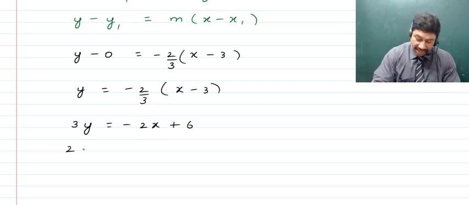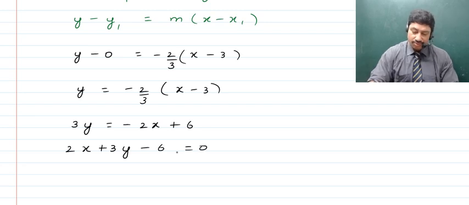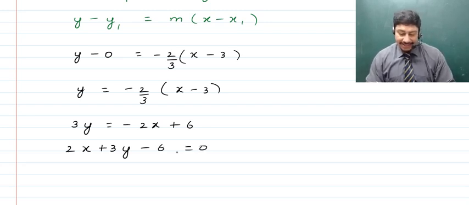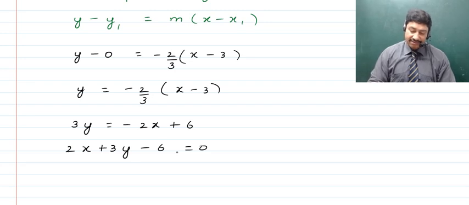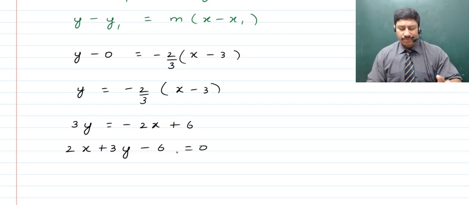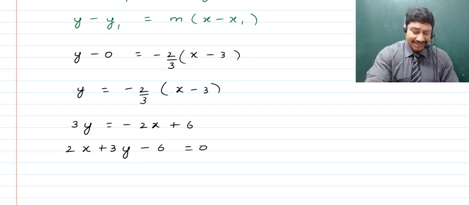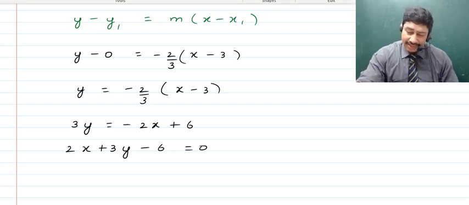So as such, here we have 2x plus 3y minus 6, which will become equal to 0, and thus this is going to give us the equation of the straight line written in ax plus by plus c is equal to 0, the general form. So this is how we get to the solution of the sum, and children, this is the final answer.